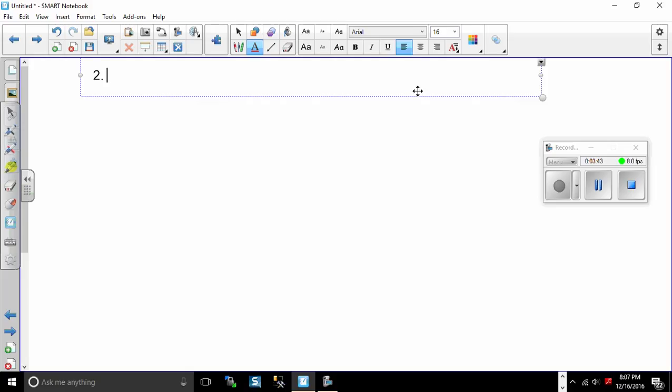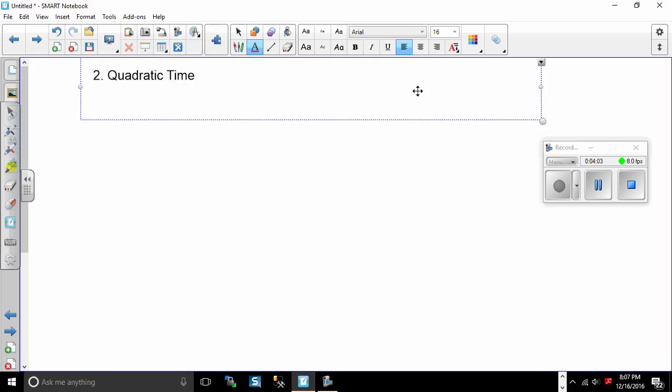Quadratic time. For quadratic time, consider using the previous loop example, but this time each iteration performs a lot of work.